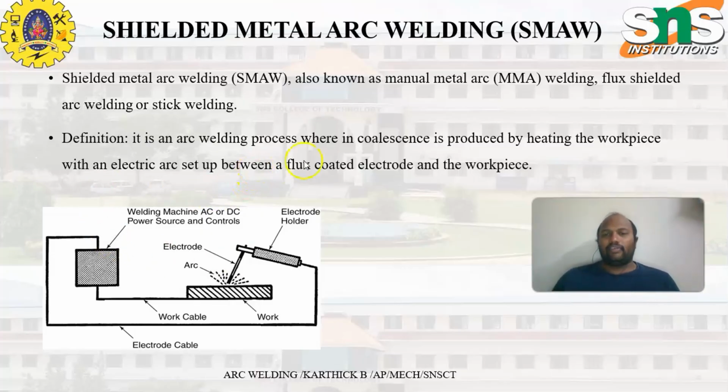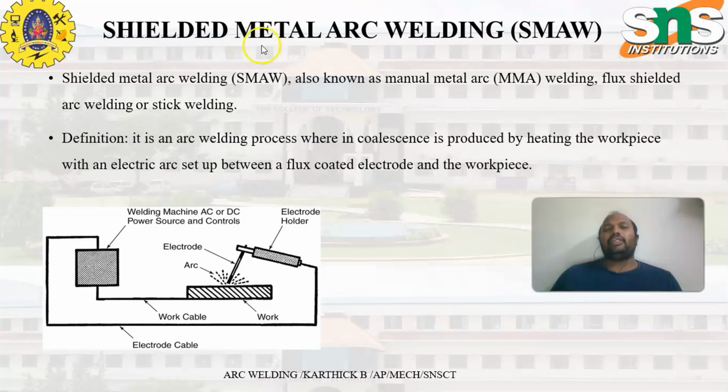In short, the definition: it is an arc welding process where the coalescence is produced by heat from an electric arc set up between the flux coated electrode and the workpiece. Coalescence is nothing but joining of material. The heat source is the electric arc, so it comes under arc welding processes.